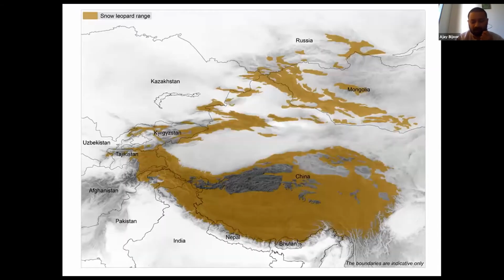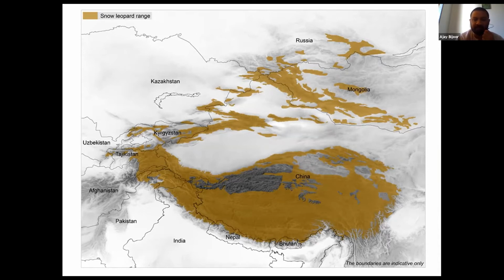But coming back to snow leopard landscapes, you all know that they are spread across 12 range countries, spanning an area of roughly 1.2 to 1.6 million square kilometers of high mountain areas. Interestingly, looking at some of the literature, one realizes that of this area, roughly 14 to 19% is protected through various arrangements that governments may have in their respective countries.